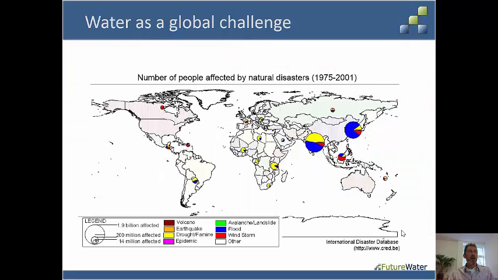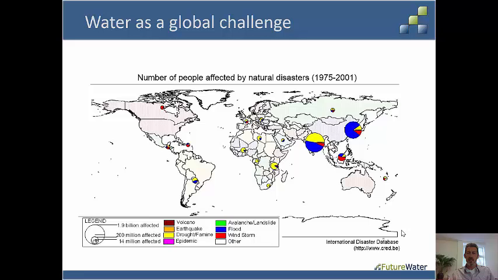And this is one of my favorite slides. This is in fact a slide why I decided to become a hydrologist, a water resources specialist. This is from the International Disaster Database, which is showing the major disasters over the last 25 years. And if you look at the map, you see a lot of blue and yellow colors.